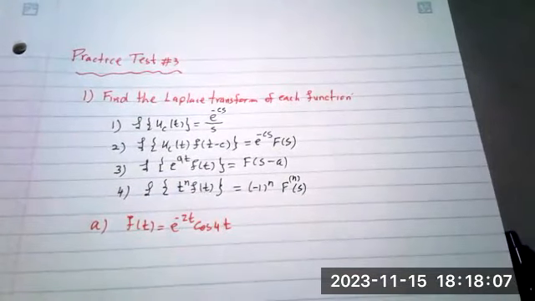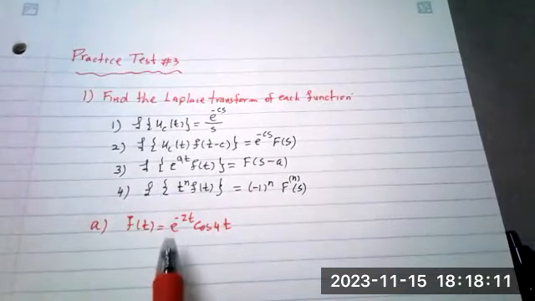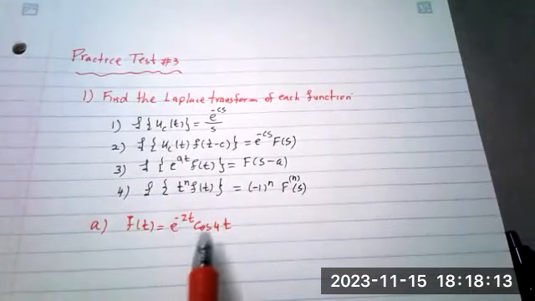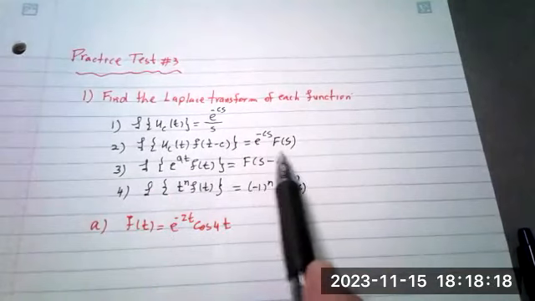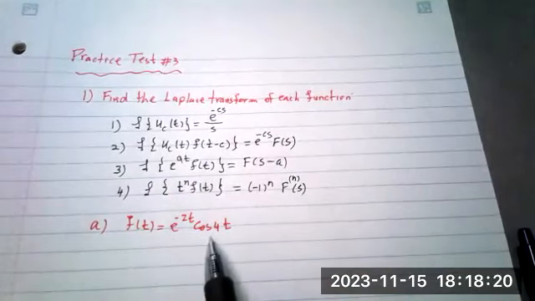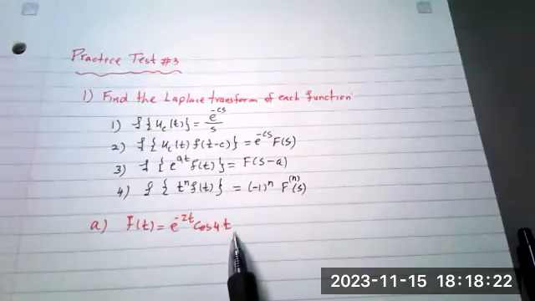That's it. So in this case, as you can see, because of this coefficient that we have, we have to use the translation theorem, okay, this one. So what we do is we find the Laplace of the cosine of 4t first, okay? So solution.